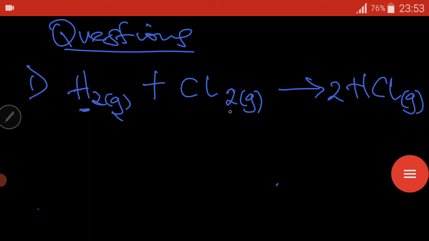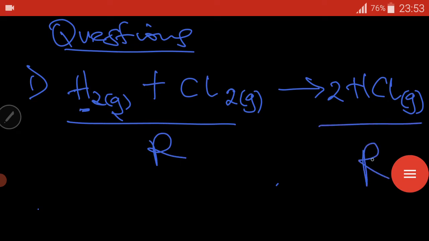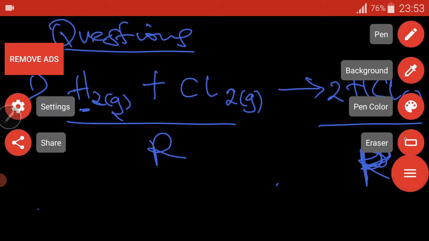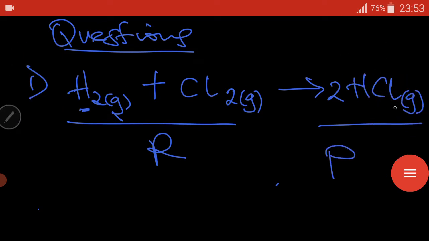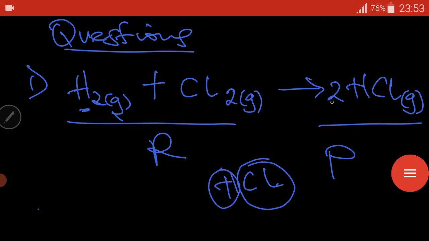We move to chlorine. We've got 2 chlorine atoms on the reactants, and on the products you've got only 1 chlorine. We put a 2 since for the reactants we had 2 atoms of hydrogen, so hydrogen is balanced.